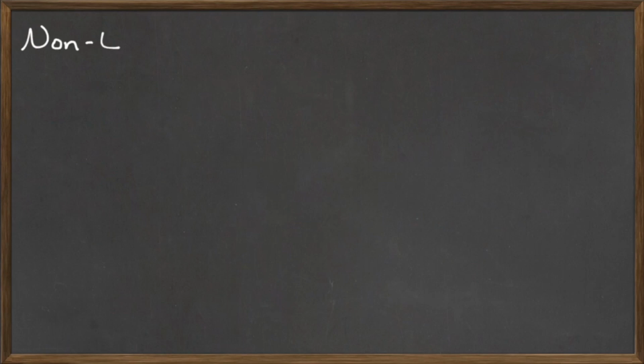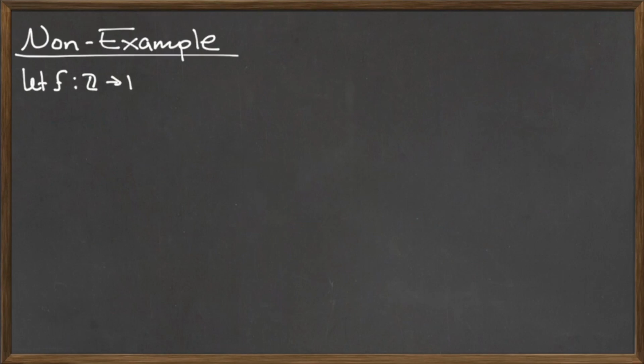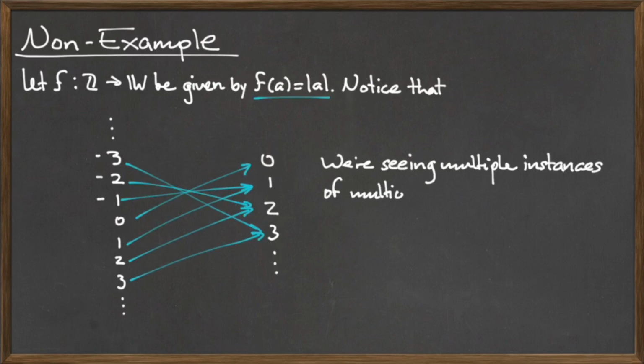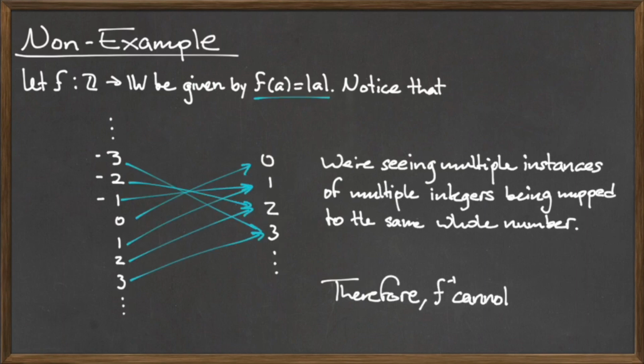As a non-example, consider the function f from the integers to the whole numbers given by f(a) equals the absolute value of a. Notice that the only whole number with a single preimage is 0. In other words, the absolute value of both -1 and 1 is positive 1.